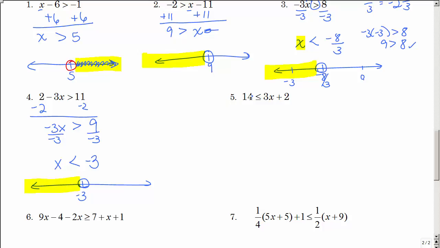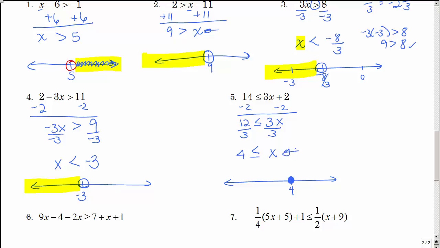Let's look at number 5. I want to get my x by itself, so I have 3x plus 2. So I want to subtract 2 from both sides. Now I need to get x by itself, so I'm going to divide by positive 3. So am I going to reverse that? No, I am not. I divided by a positive number. So this time we have 4. We have an equal to part, so I want to fill that in.